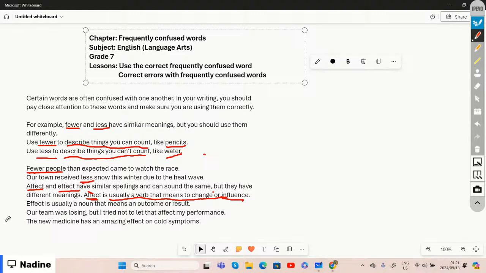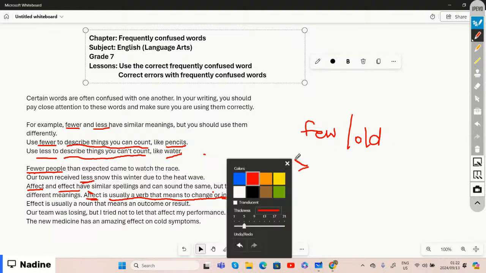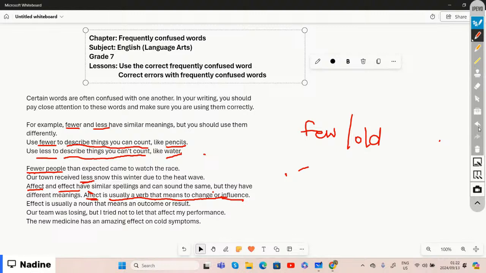All right. So we say that the words that are the same or almost the same are words like few and fewer, and less.